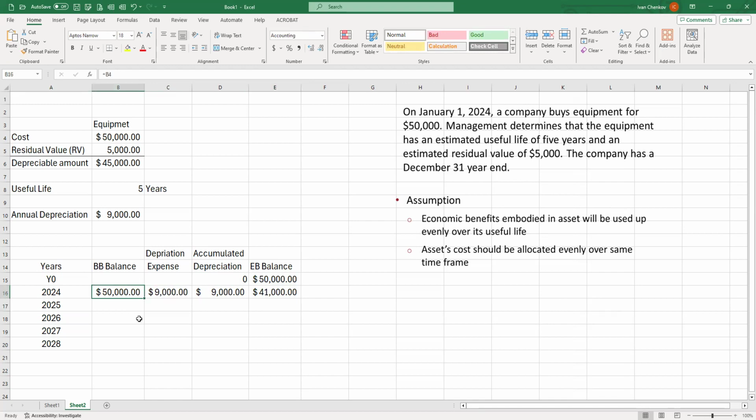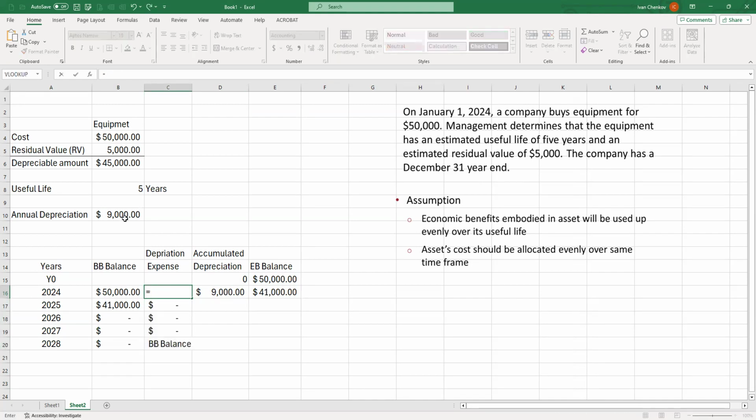What's going to happen next year? Next year is going to be very simple. We're just going to drag this one down and we see what's going to happen. That should be equal to this one, and that's going to stay the same.